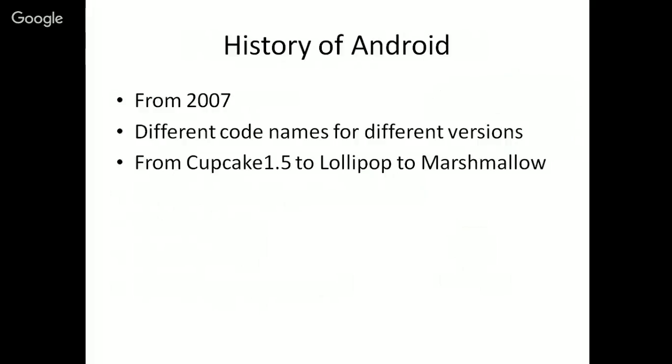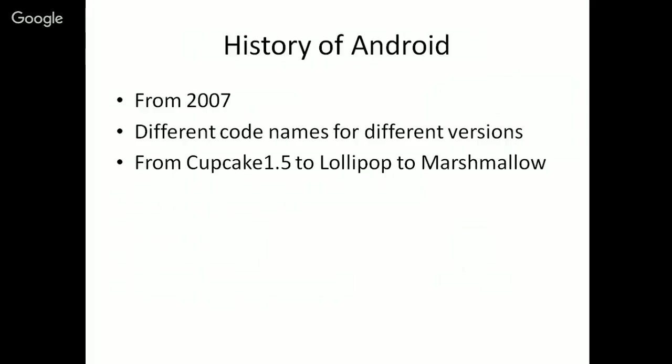Moving towards the history of Android, it started from the year 2007. I also mentioned earlier that it was started in 2007 but was commercially produced from 2008. Different versions of the Android operating system were introduced from the year 2007.